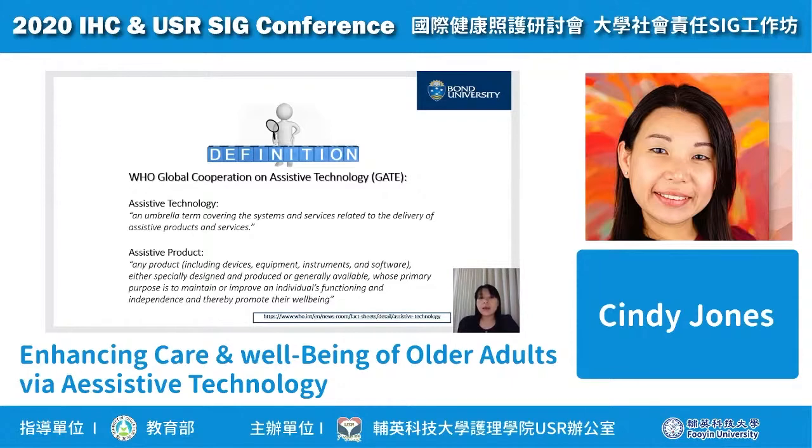Now, when it comes to assistive product, we're talking about any product, whether it's a device, equipment, instrument, or even software that is either specifically designed and produced or generally available with the primary purpose or goal to maintain or improve an individual's functioning, independence, and thereby promote their overall health and well-being.